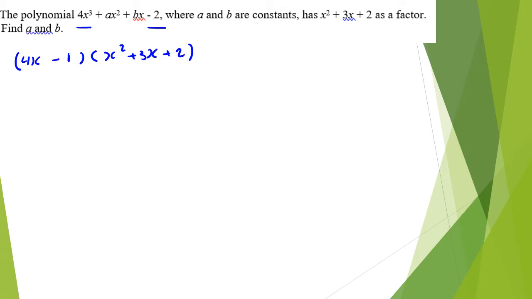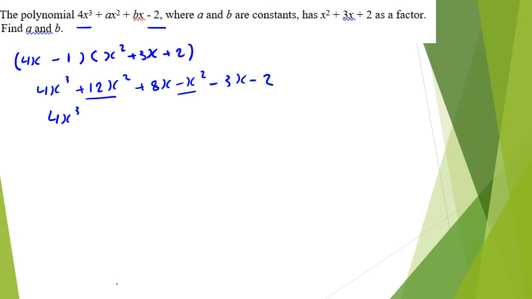Then you would expand normally from here, so it's 4x cubed plus 12x squared plus 8x minus x squared minus 3x minus 2. Collecting the like terms, I've got 4x cubed, and 12x squared minus 1x squared gives positive 11x squared.